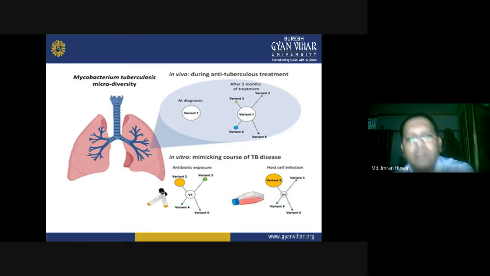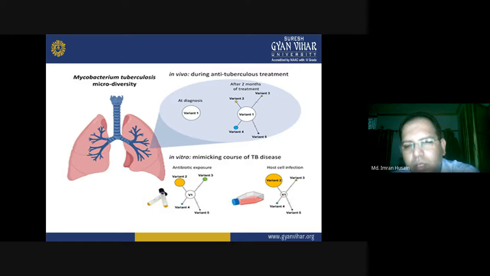So, Mycobacterium tuberculosis microdiversity. In vivo, during drug antituberculosis treatment, at diagnosis you can see variant 1, after 2 months of treatment variant 2, variant 3, variant 4 and variant 5.